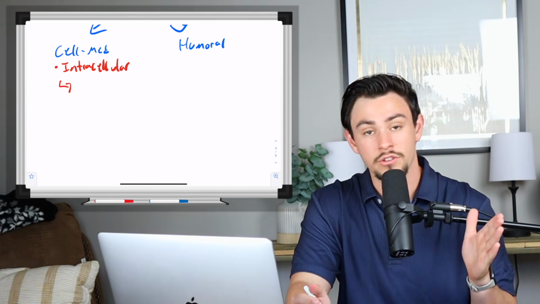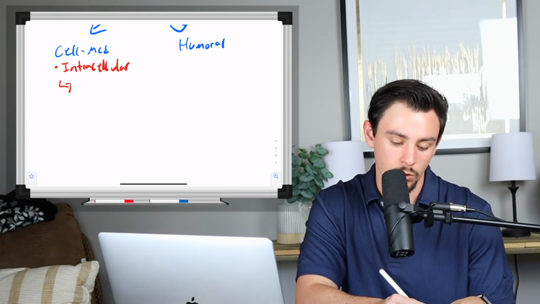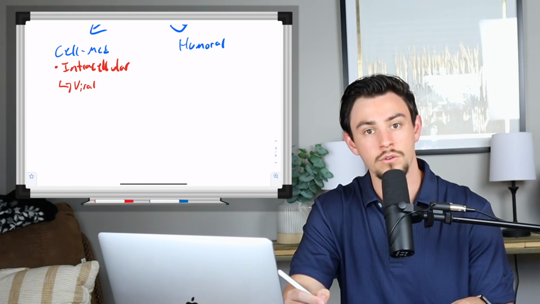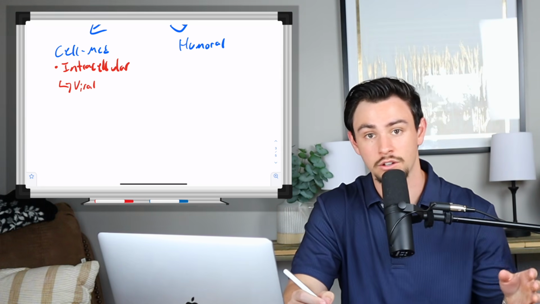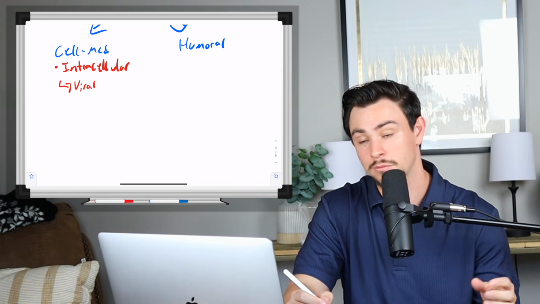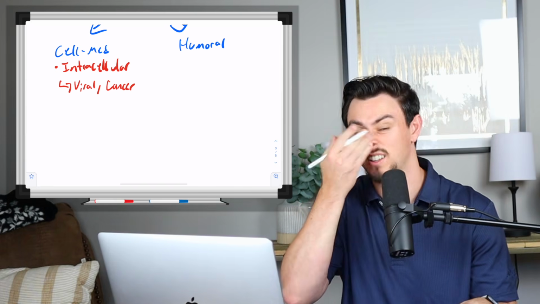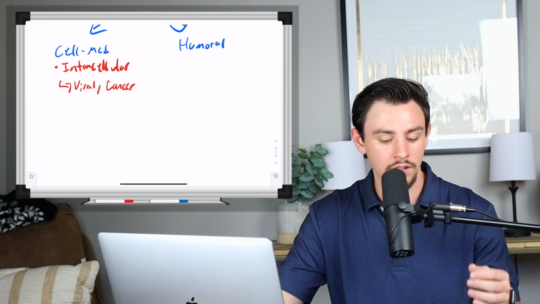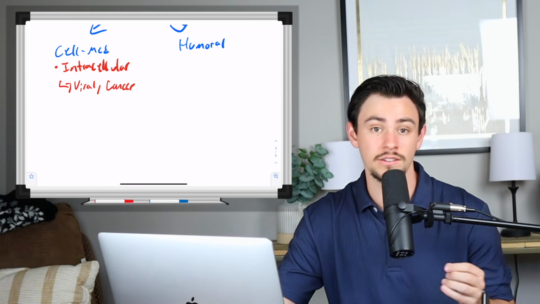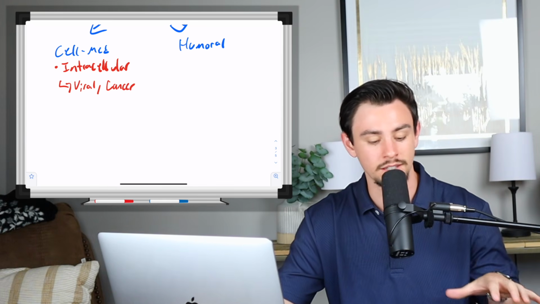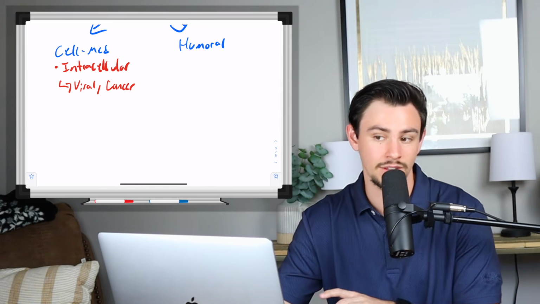What are some examples of intracellular pathogens? Well, what about viruses, right? Viruses get inside of our cells, they hijack our cell machinery, and they kind of make some noise. And what about cancer? Isn't a cancer just kind of like a faulty human cell? So cell-mediated immunity is our body's defense mechanism against virally infected cells and cancer.